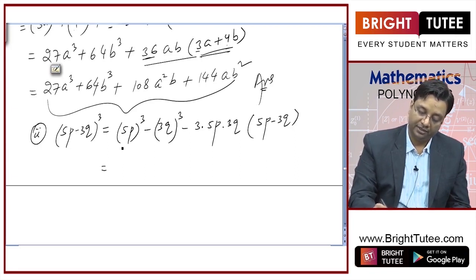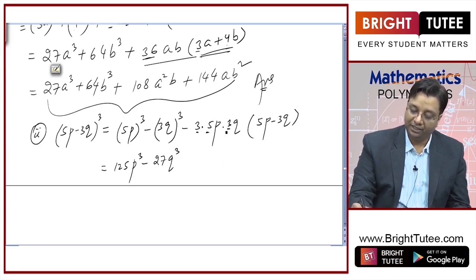So it will give me 125p cubed, 27q cubed, 3 into 5 is 15, 15 into 3 is 45pq and 5p minus 3q inside.